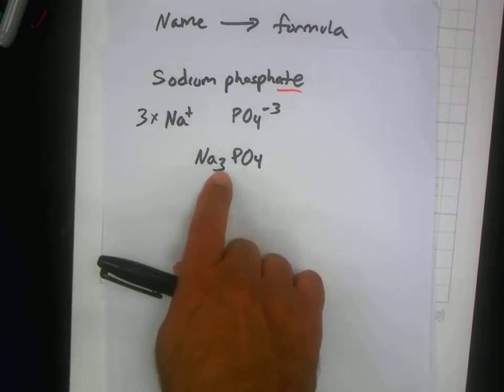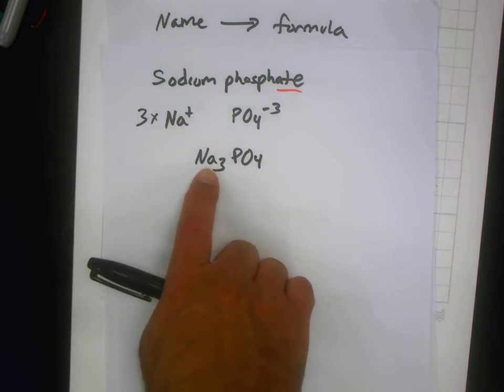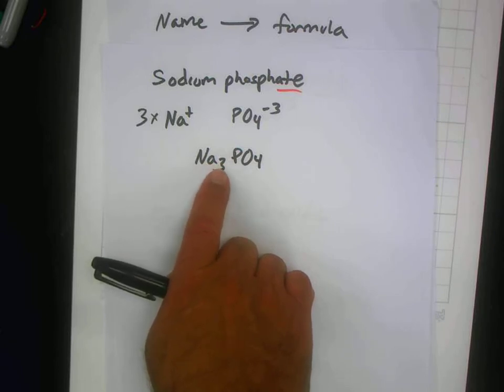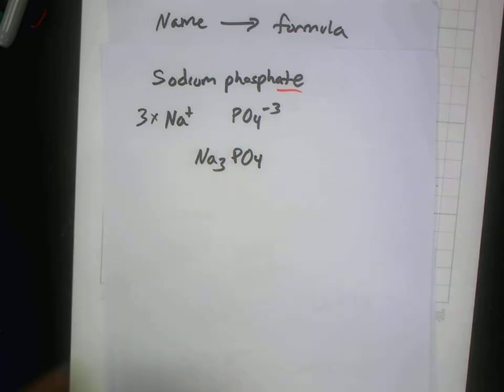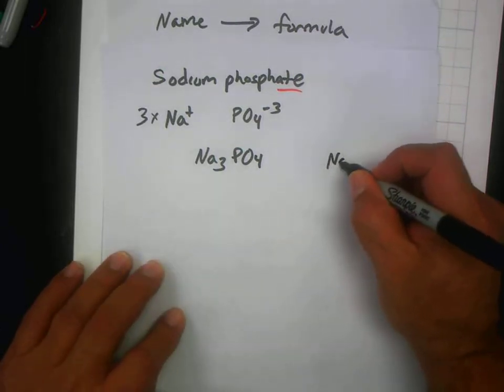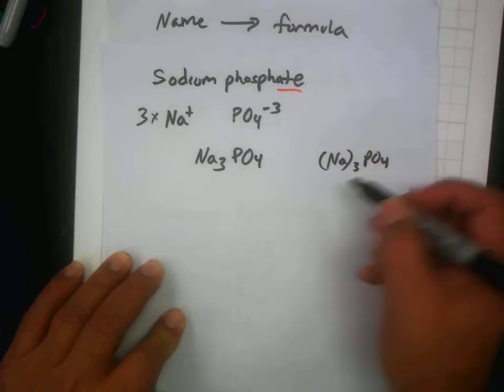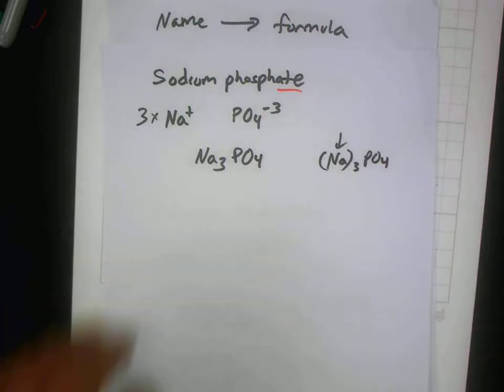So this 3, it's easy to see that it belongs with this element. There's just one element here that is followed by a 3. So I don't need to show that. I don't need to do this because it's just one element at a time. Okay.